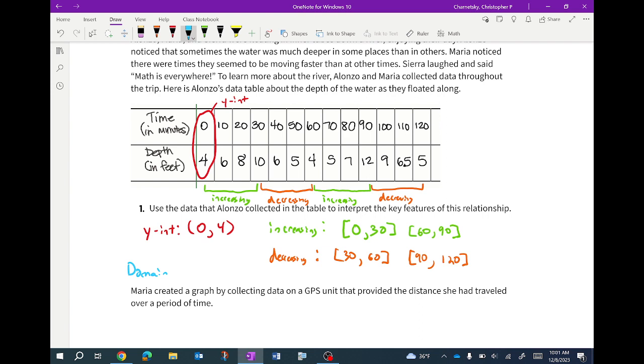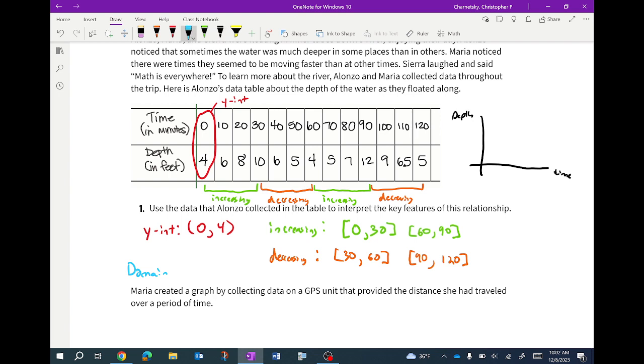What would be the horizontal axis if I was actually going to graph this table? Well, my x-axis would be the time, and my y-axis would be the depth in feet.